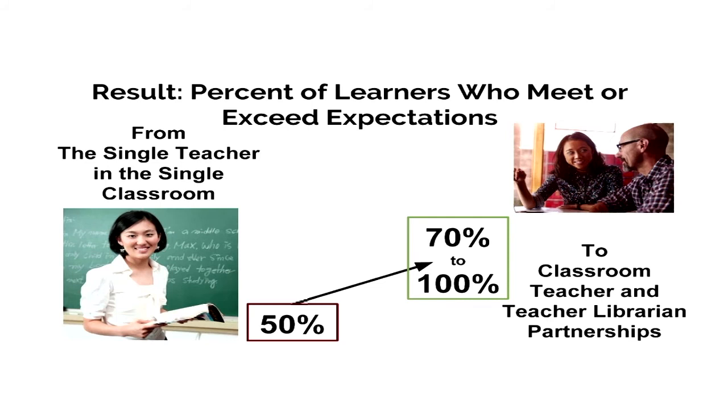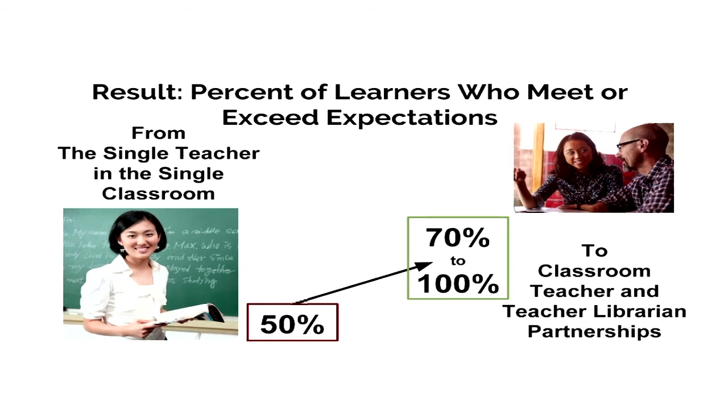And then we asked in those 12 schools when the teacher librarian actually partnered with the classroom teacher, what was the result of the number of students that met or exceeded the teacher's expectations? And that went from 70 to 100%.